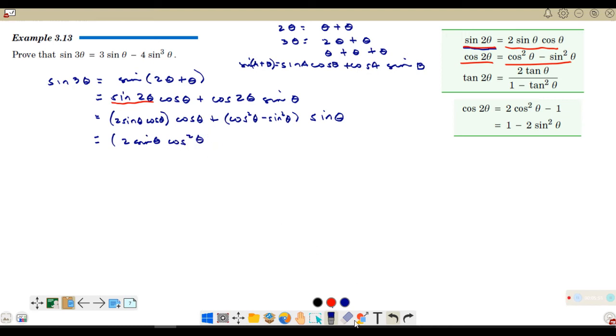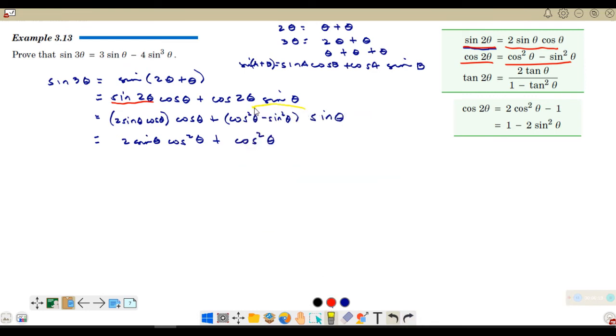Okay? So, by doing this, we already eliminated one parenthesis. So, mag-eliminate tayo ng isa pang parenthesis. Dito sa kabila, we have cosine squared theta. Distribute natin itong si sine theta on both of them.